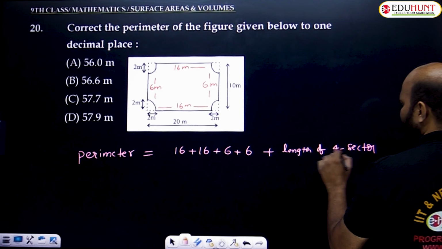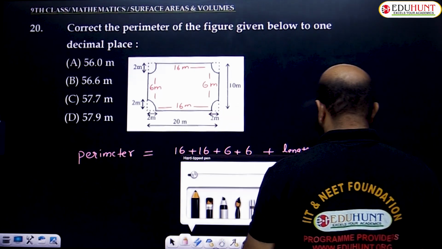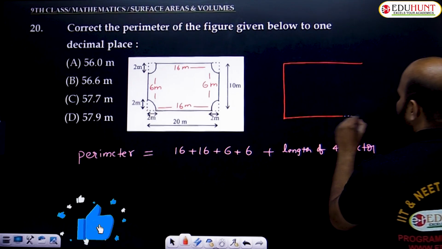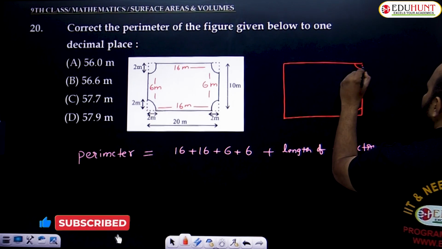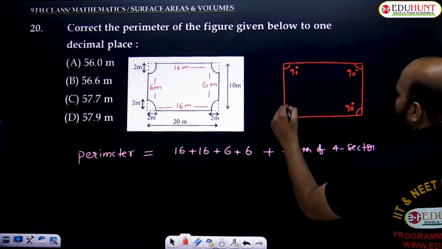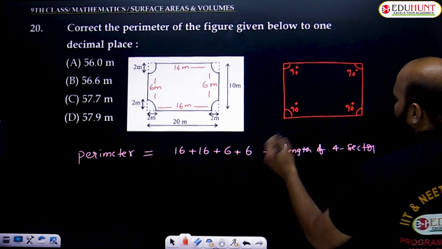So if the 4 sectors are added, it will make a circle, because in the rectangle each corner has 90 degrees. So 90, 90, 90, 90, total will become 360.